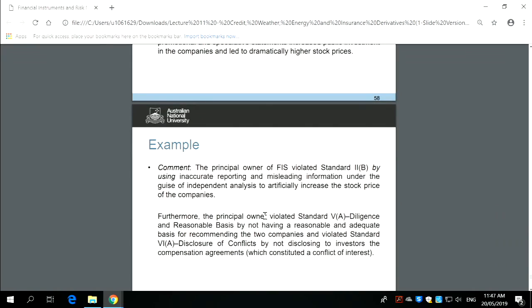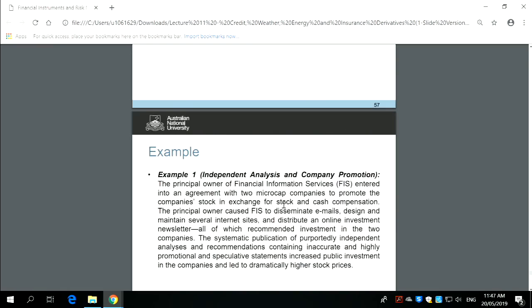So basically, the owner of the FIS violates the standard, because what the owner is doing here is manipulating the market, right? The FIS is manipulating market opinion by disseminating false information. That information has no factual grounds and is highly promotional and highly speculative, right? And the FIS is doing so by pumping up the stock price, okay?